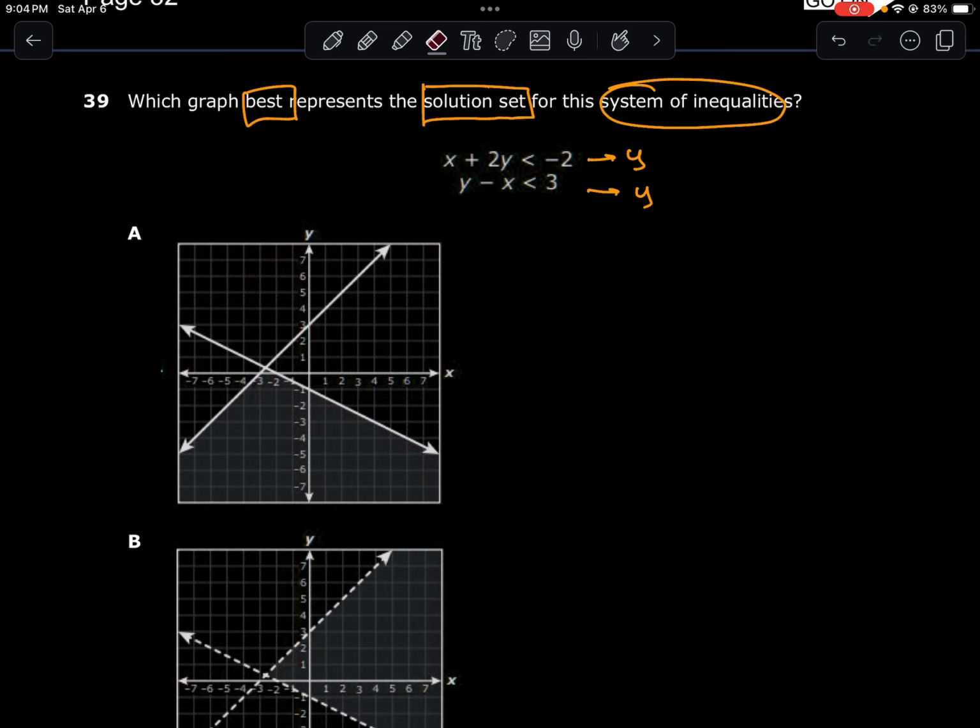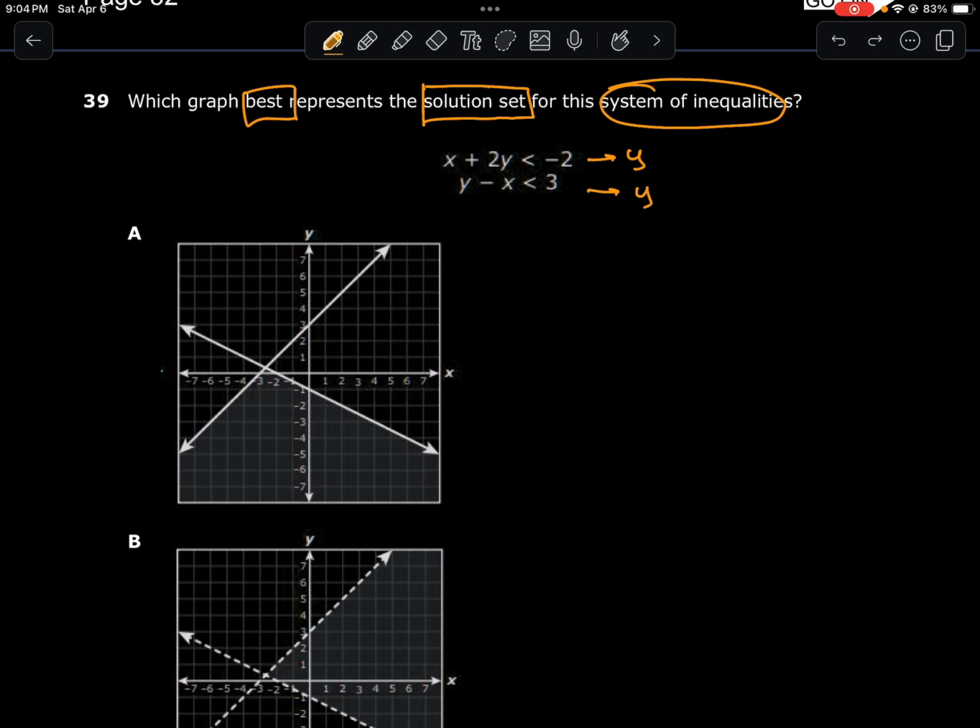Okay, now let's look at what I got here. The y in the top one has a plus 2 in front. So I can trust this inequality. It's going to be less than after I isolate it. The second one, the y is here. Also careful, it's in the wrong order. First is the y. It doesn't have anything, that means it's a plus 1 times. In other words, it's positive. I can trust this inequality too.